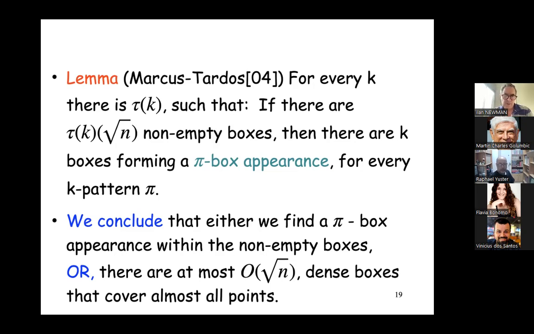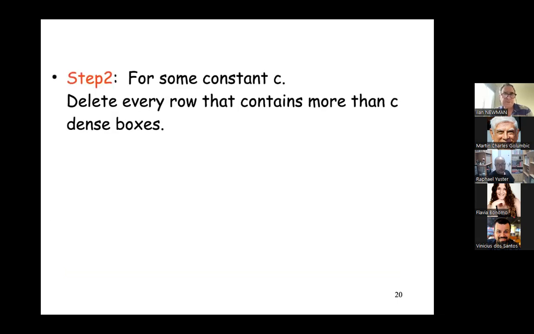And so it could be that some, you should think about it as a negligible number of boxes contain points that we didn't find at all. But they won't matter. Okay, so here are the steps that we are going to do in order to clean this fact.